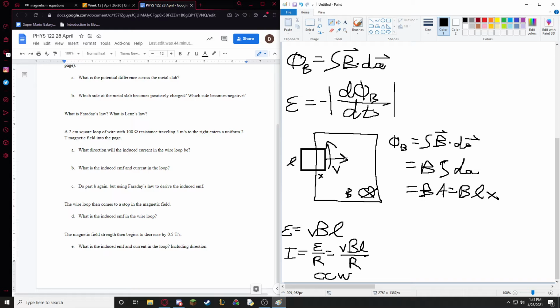So now, how do we get the induced EMF? What's the induced EMF as a function of the flux again?